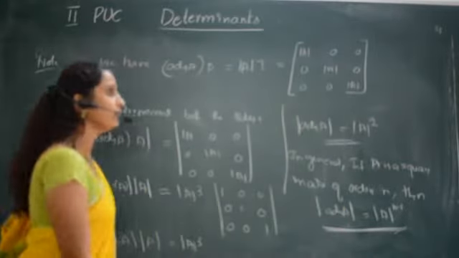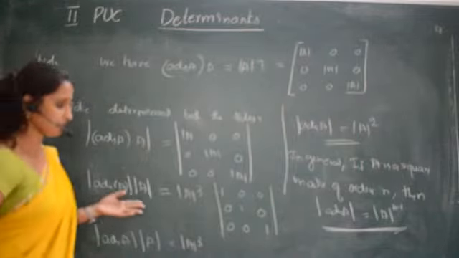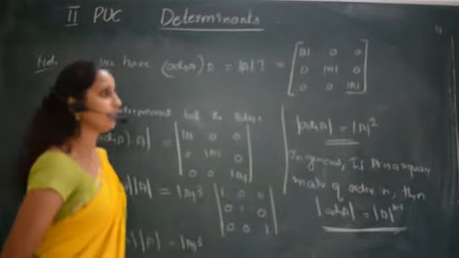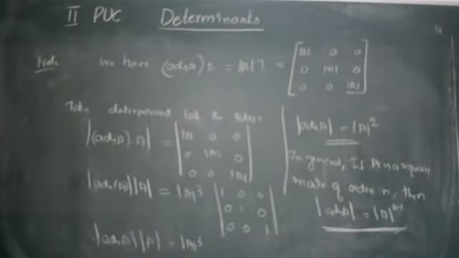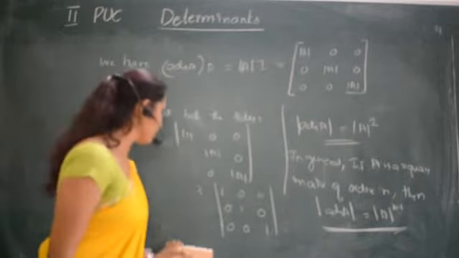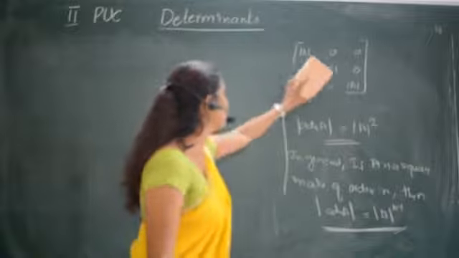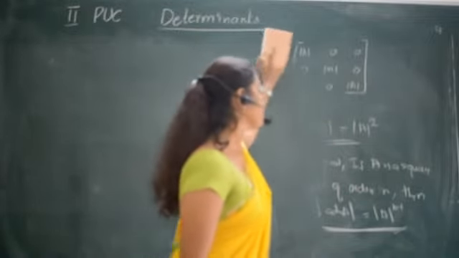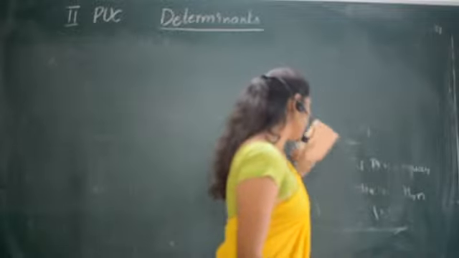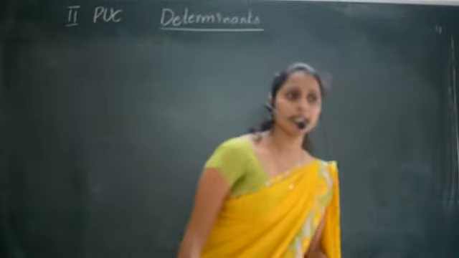This is one more result, and it is usually asked in competitive exams. So this is one main concept, make a note of this. Suppose A is a matrix of order 4, then the determinant of adjoint A will be equal to determinant of A to the power 4 minus 1, that is, to the power 3.